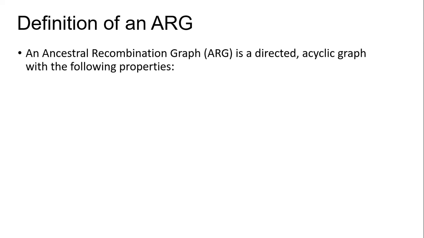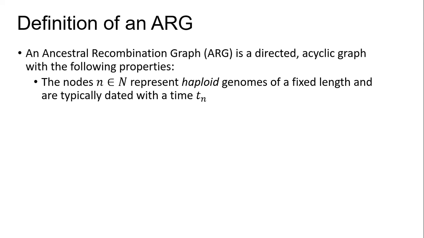And it has the following properties. So the nodes, let's say it's a set of integers n, represent haploid genomes, so it's just single genomes of a fixed length, and they typically just have a time associated with them. So in the case of humans, the time will probably be the date of birth of the individual.